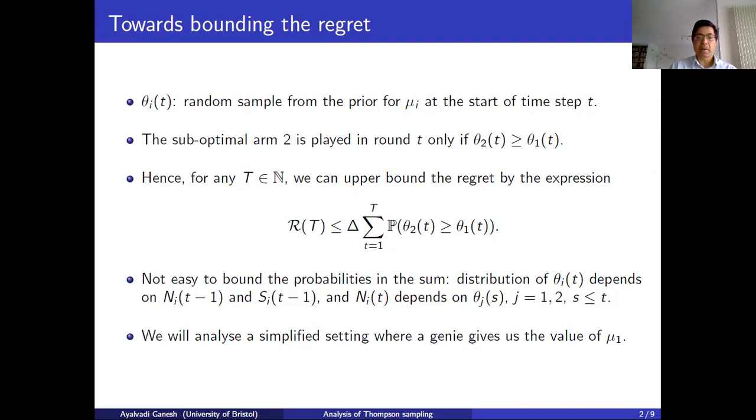We don't know which is the better arm. So we only know that the genie has given us the parameter for one of the arms, and we have to decide how often to play the other arm, under what circumstances to play the other arm. Okay, is the setting clear? Take a moment to think about it.